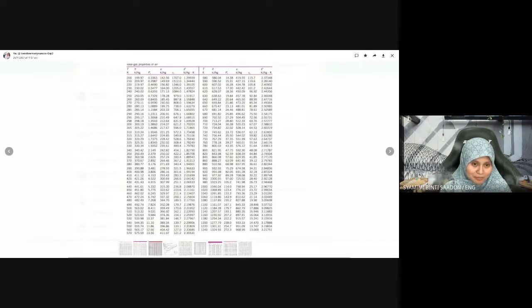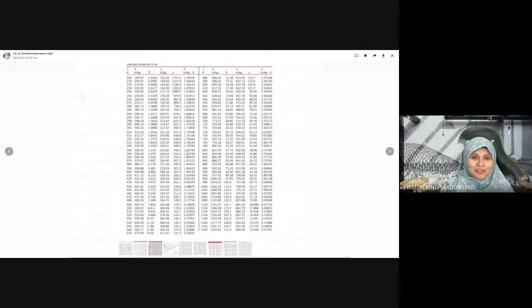Just take H. Look at this table. Temperature 280 Kelvin, H is 280.13. So that is our H1.